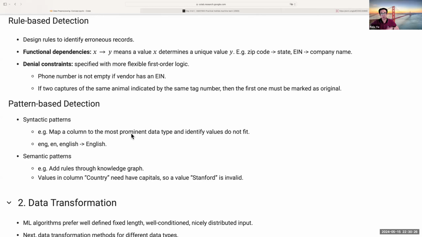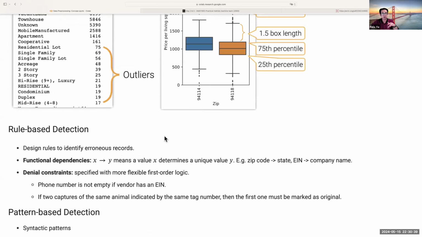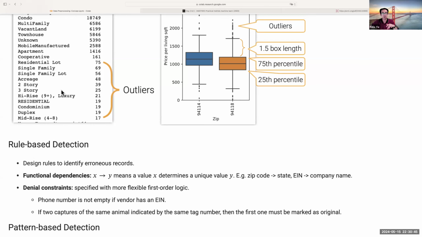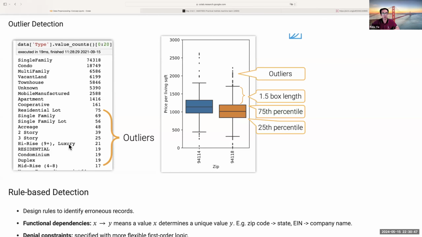And also you can map a column to the most prominent data type and identify the values that don't fit. For example, with the patterns right here, you can see this single family should be mapped into the single family here.